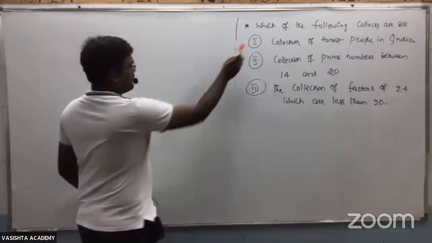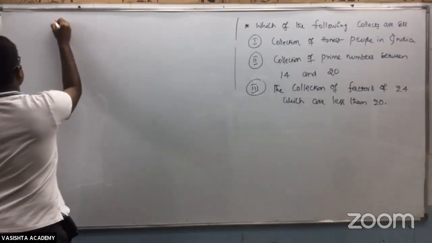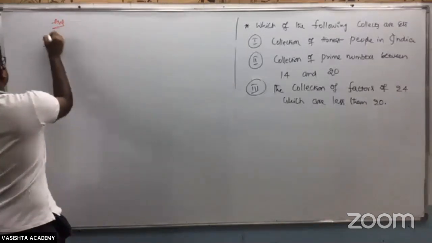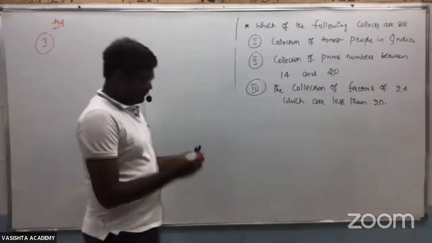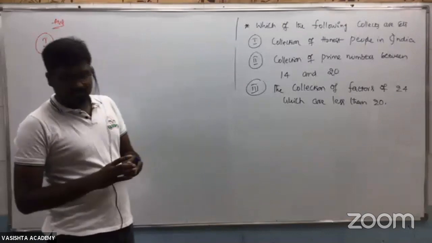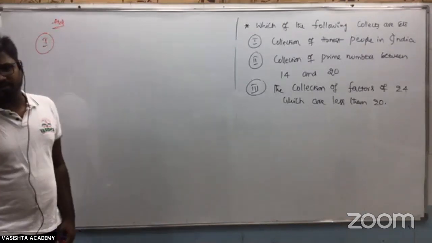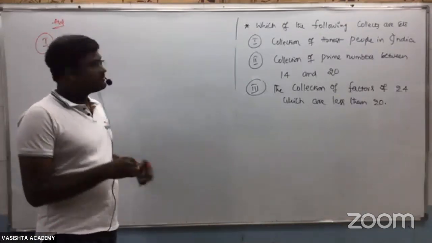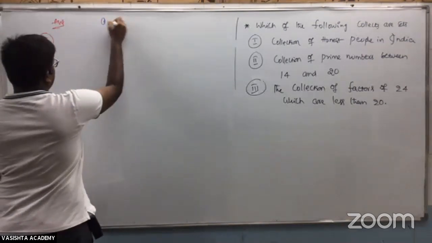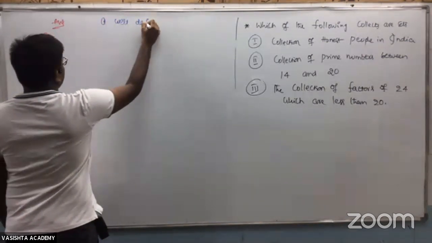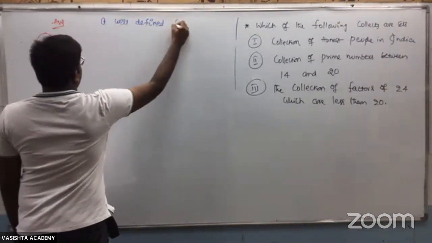Now, first one, answer. Collection of honest people in India. Is it a set? No. Just now I told you. What is the definition of a set? I'll write it again. A well-defined collection of objects. Isn't it?